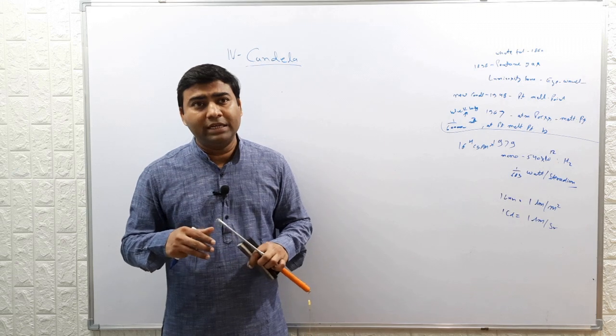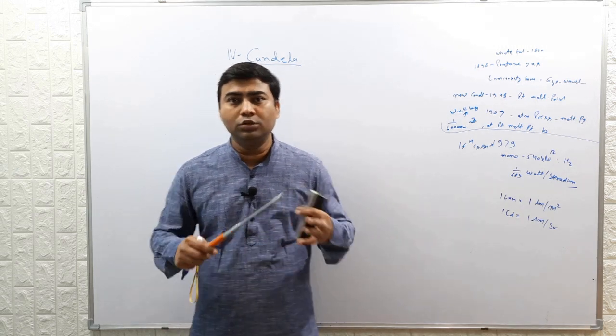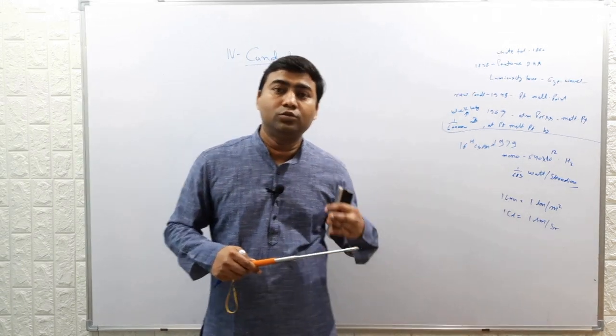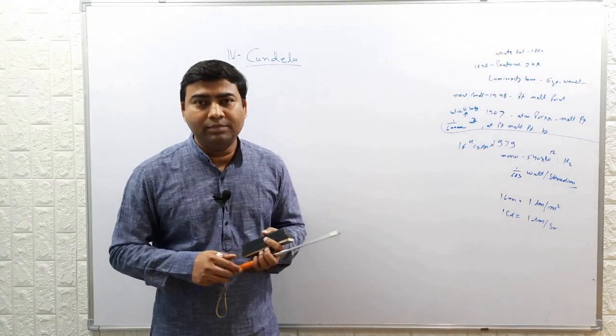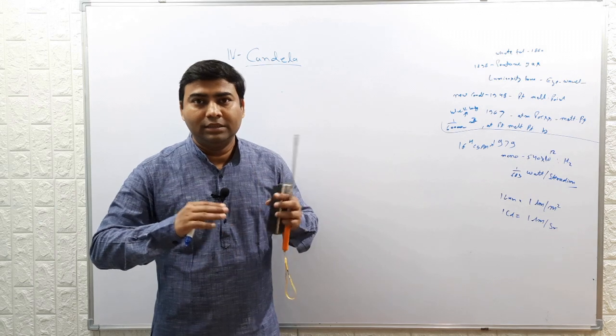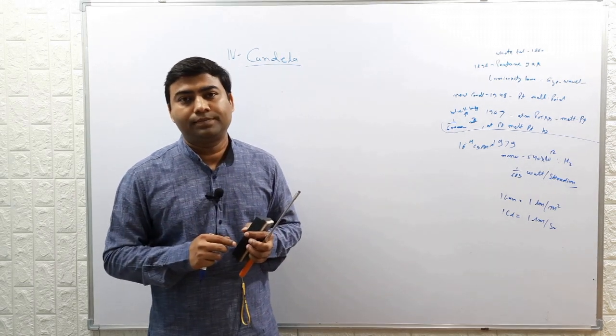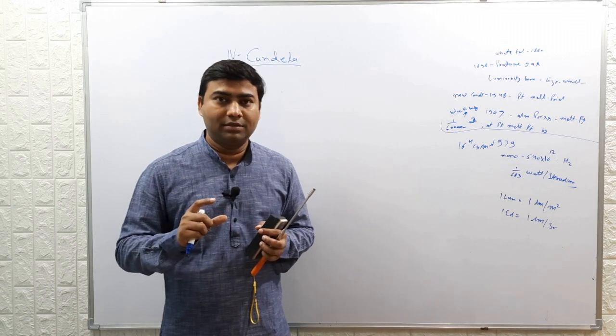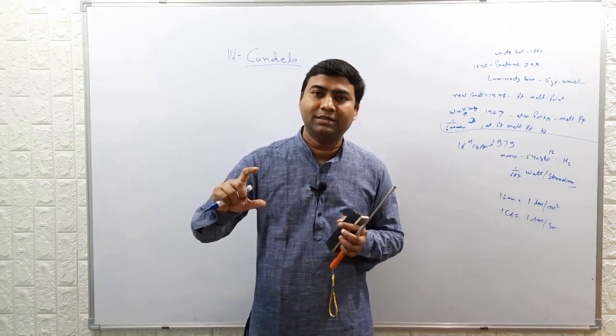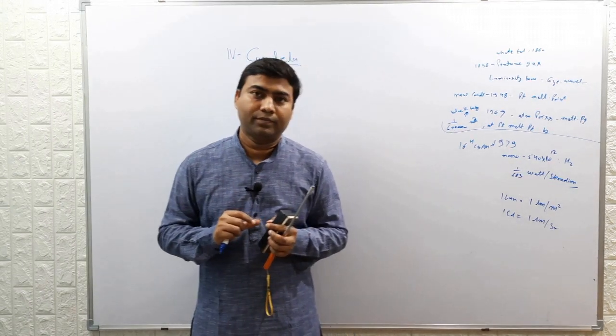So this black body radiation was used to standardize the candela. To achieve the black body radiation, the melting point of platinum metal was used as a reference temperature.